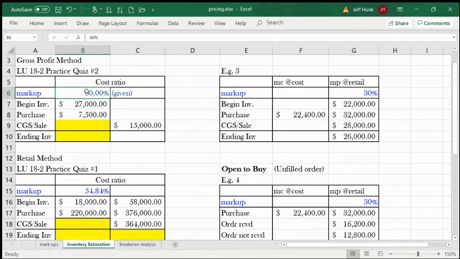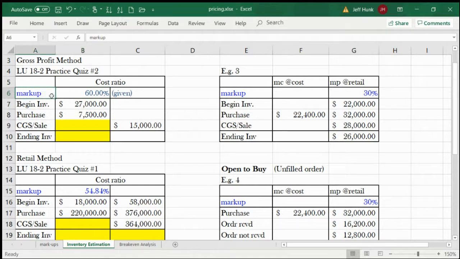Either one can be used in either method. But here, the example you see here is actually the complementary side of the markup rate based on cost. Why? What does it say here? It says markup here, right?